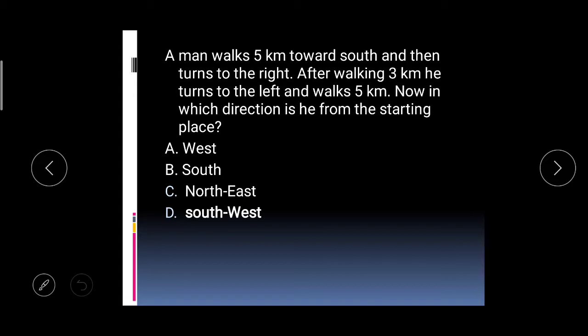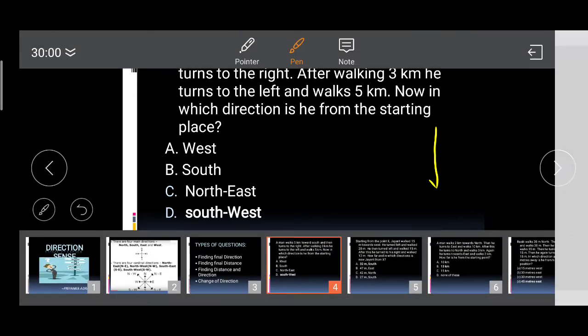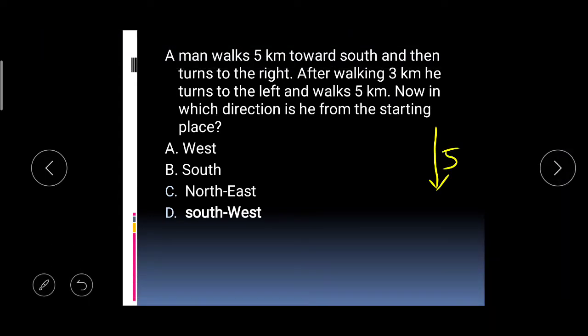Okay. Let us read the question first. A man walks 5 kilometers towards south. So, I am just drawing 5 kilometers south. Okay, this is 5. And then turns to the right. If he is facing me, that means he is standing face to face, then if he is turning right, his direction is this.